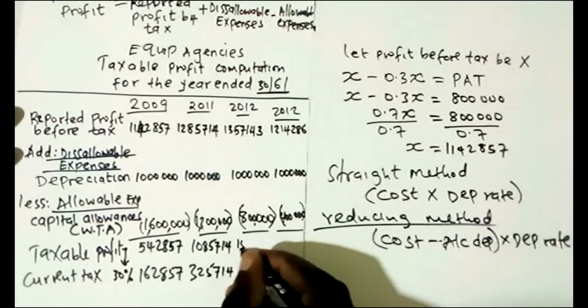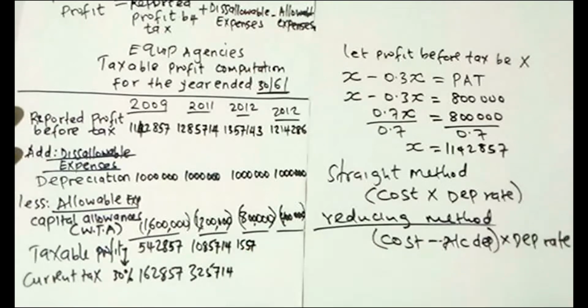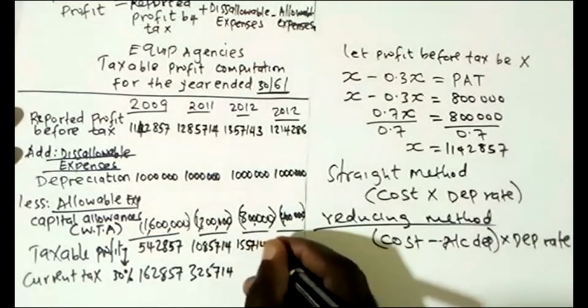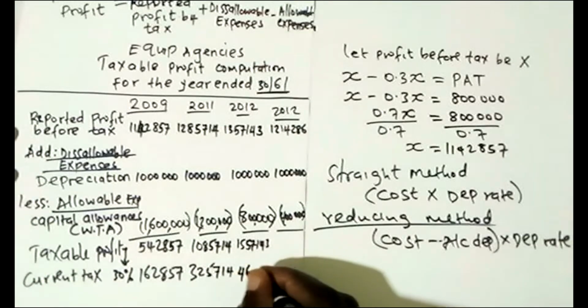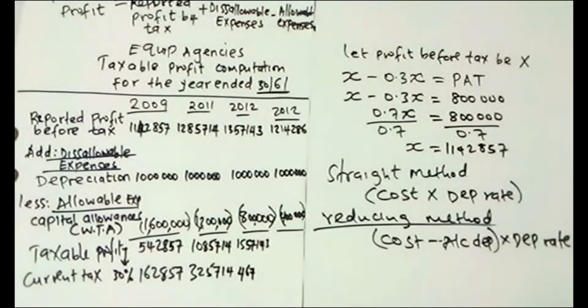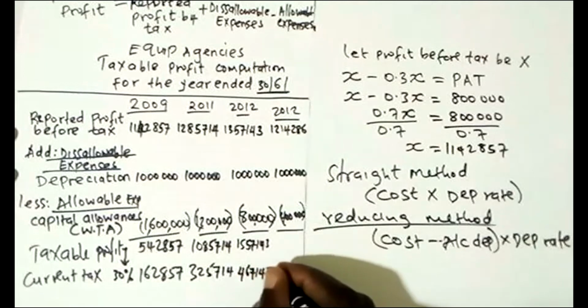So this is 1,557,143 times 0.3. This is 467,143.